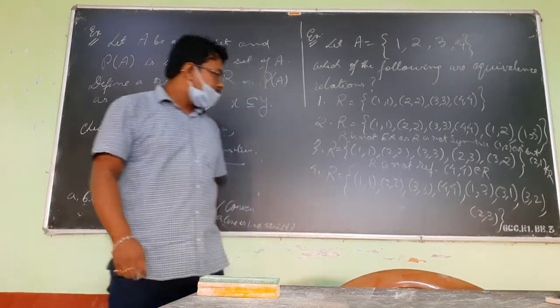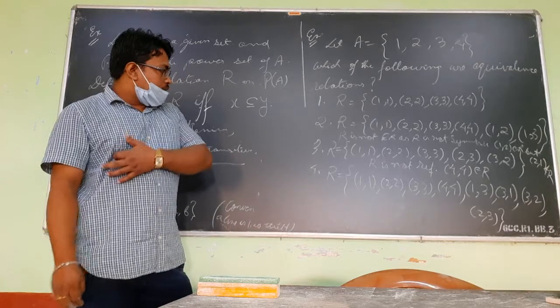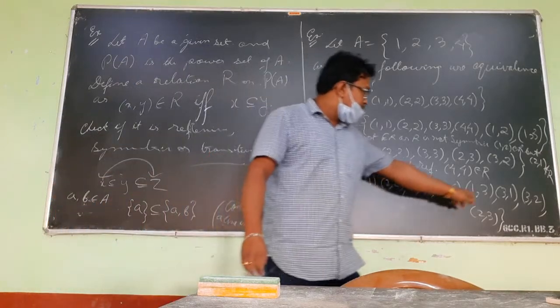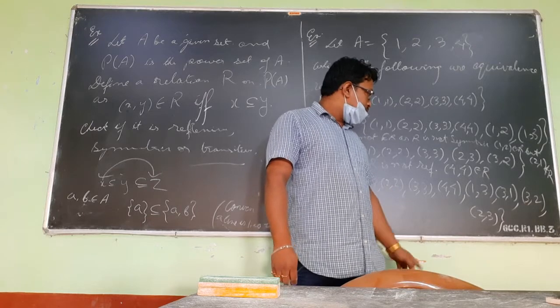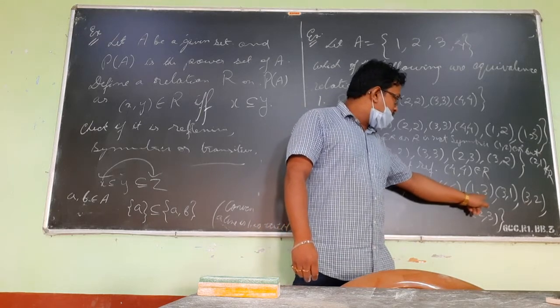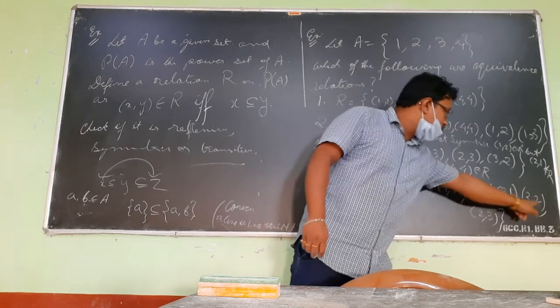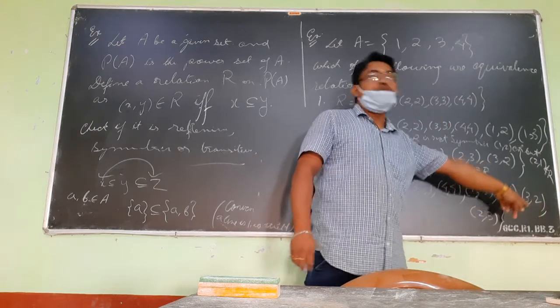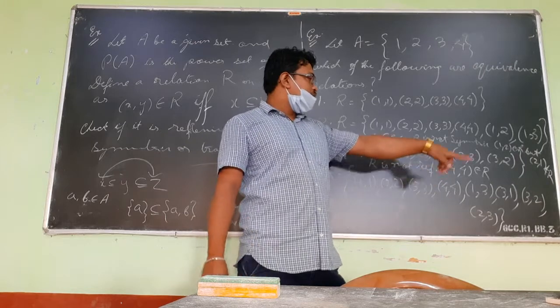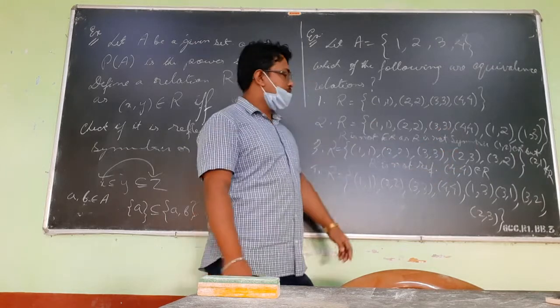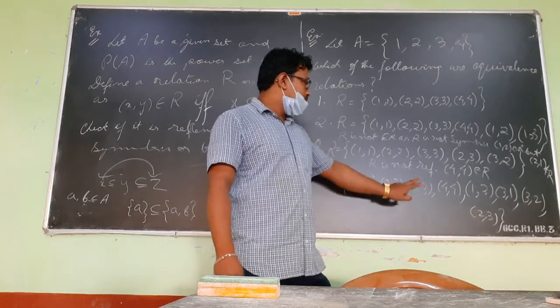This one? No. It is reflexive, no problem. It is symmetric, but it is not transitive. Why? 1 3 is an element, 3 2 is an element, but 1 2 is not an element. So you have to observe very carefully. This is not transitive.